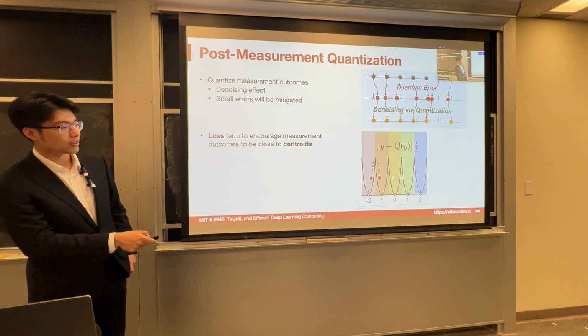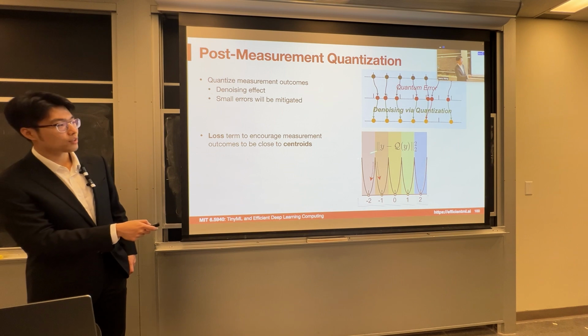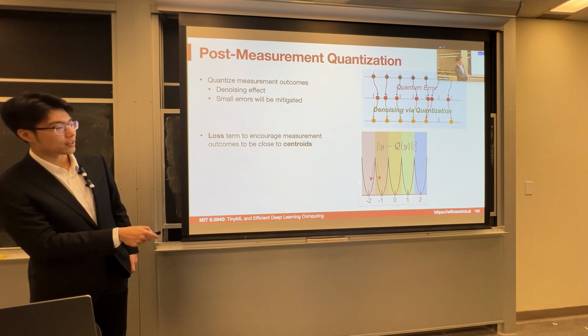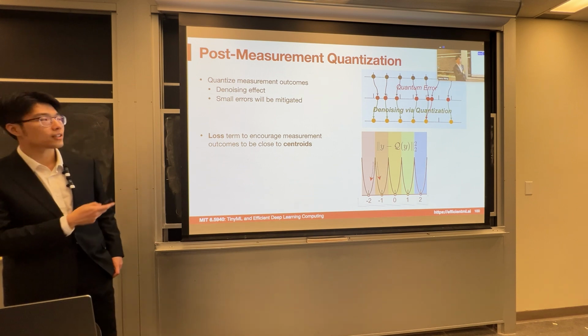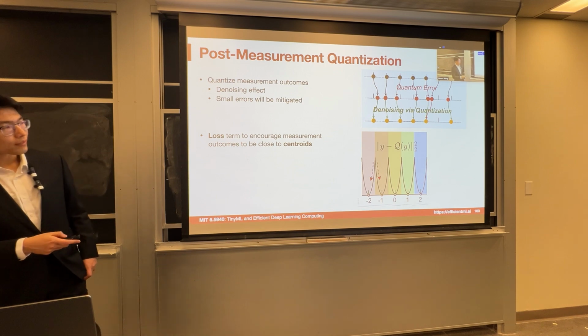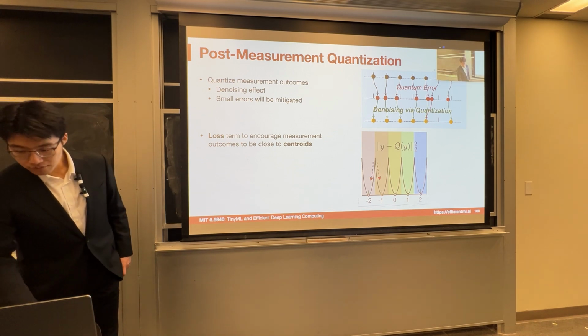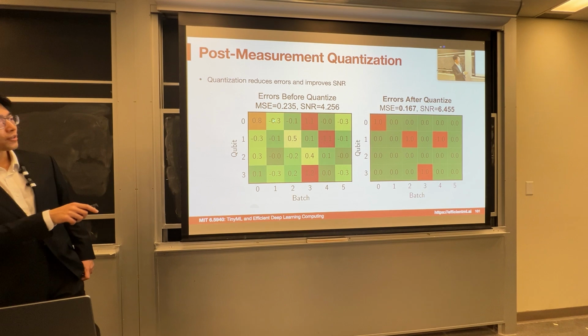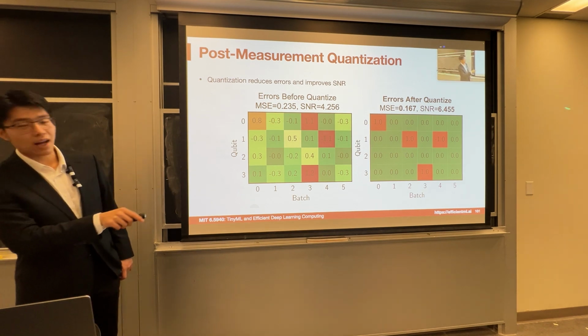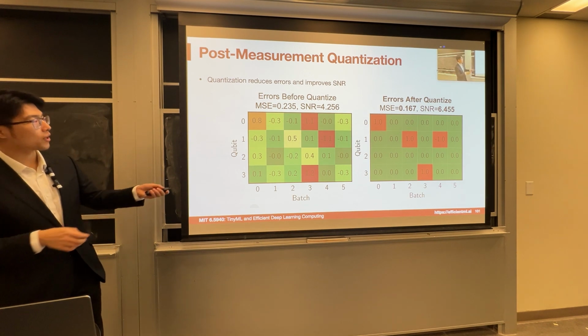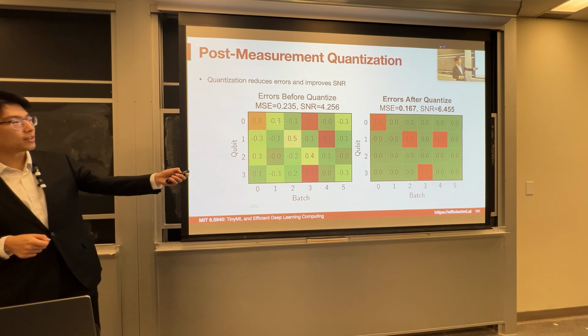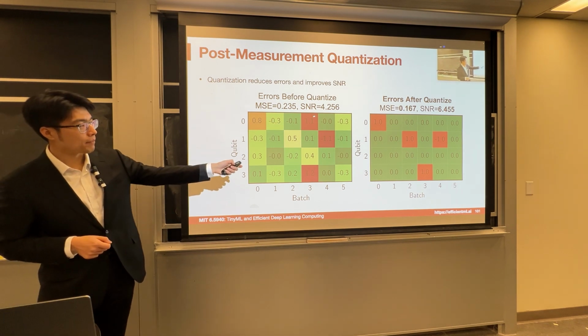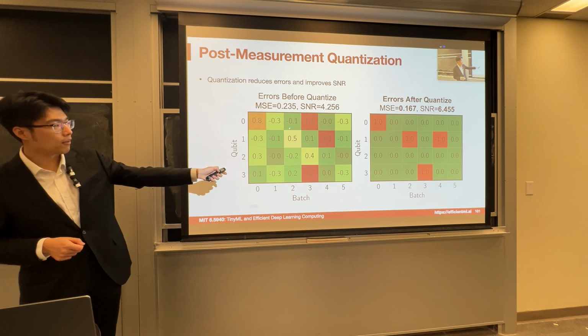And in that case, we can add a loss term to the training process, where this is the quantized value and this is the original value, and we want to minimize the difference. So all the values can be very close to the centroids. Okay, so here we can have a look at the errors before and after quantization. Before quantization, we can see some of them are very large, maybe 1.1, and some others have a small error like 0.1.